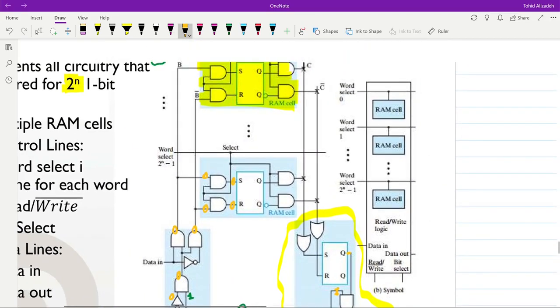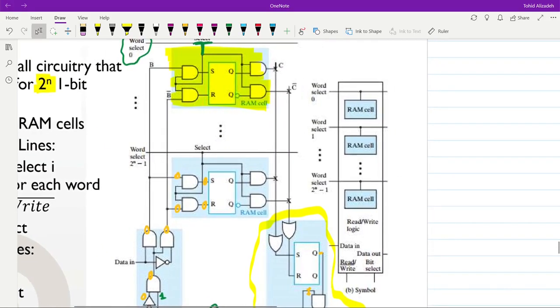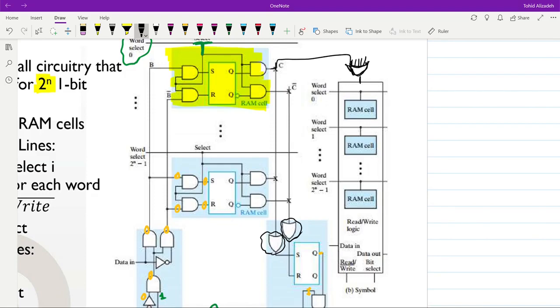If we look at the output side of the cells that we have, we are connecting all of them to the inputs of OR gates. So the OR gates that you see here receive multiple inputs. I can maybe draw one of them over here again. There are multiple inputs to those OR gates, indeed 2 to the power of n, and each input is connected to the C output of one of the cells.